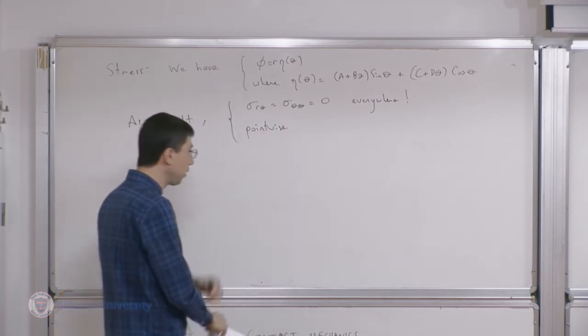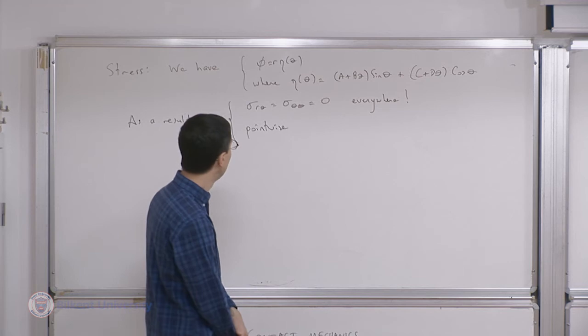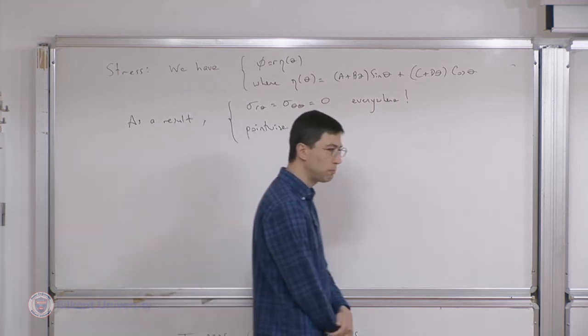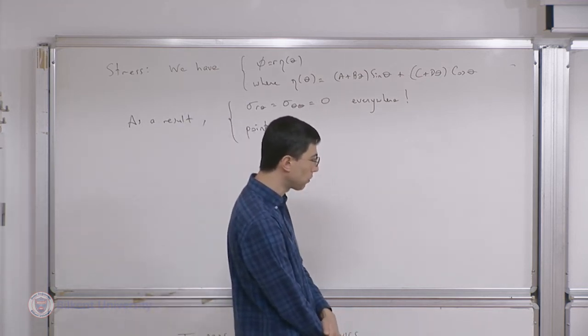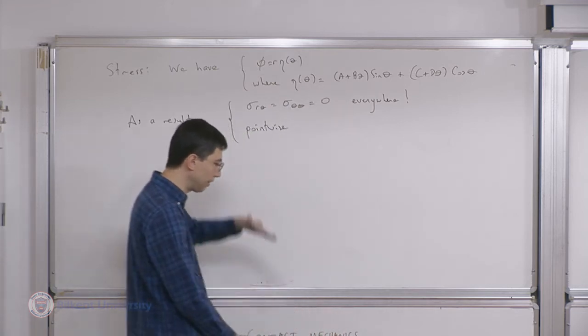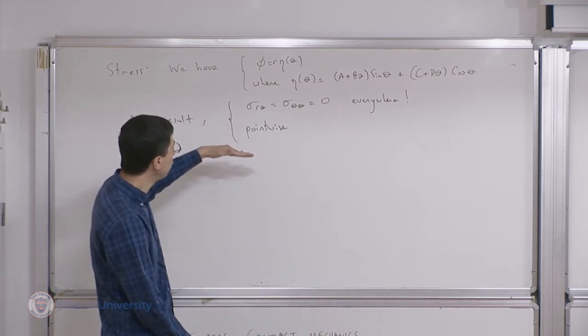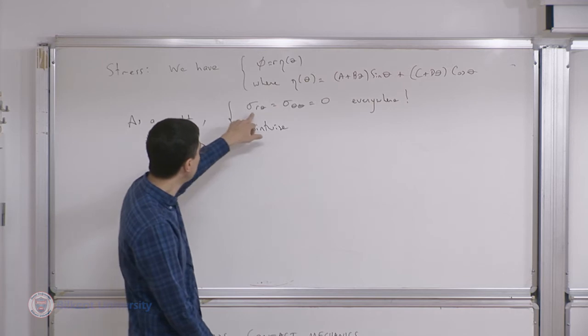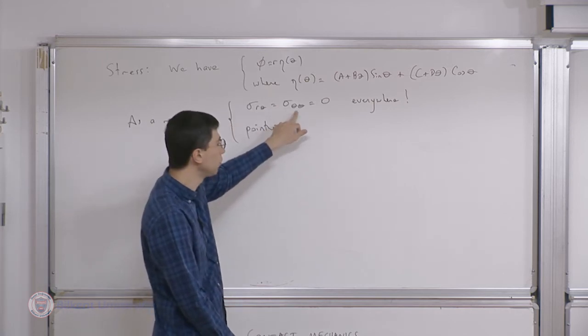And moreover, now when you look at the boundary conditions, we had two types of boundary conditions, pointwise and integral, and the pointwise boundary condition said that the top surface was traction-free, which required that there sigma r theta and sigma theta theta is equal to 0.